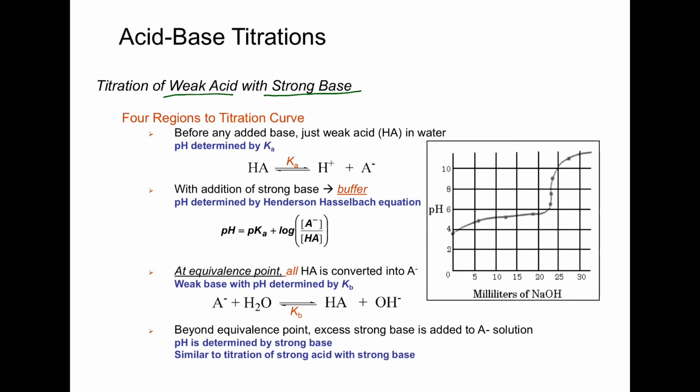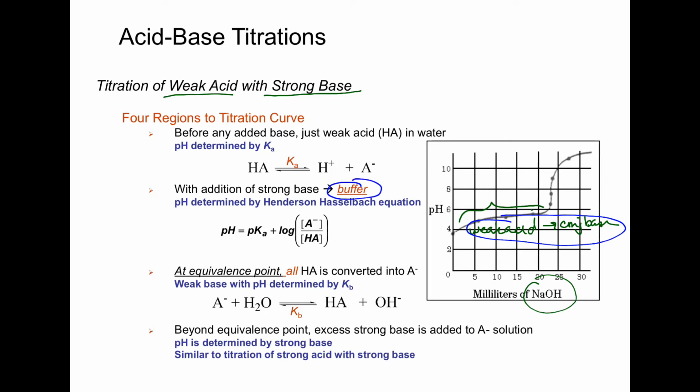After we've left that initial point and we're in the space between that initial point and where the inflection point happens, at that point we have weak acid, but we've added some strong base, and that strong base has reacted with the weak acid to make some of its conjugate base. And anytime you have a mixture of a weak acid and its conjugate base, you have a buffer.